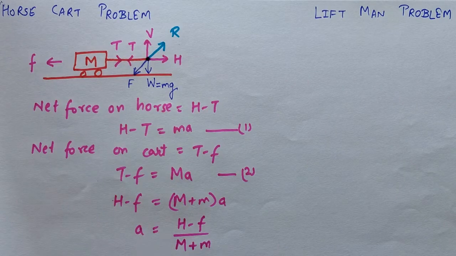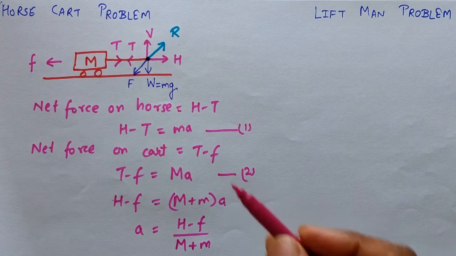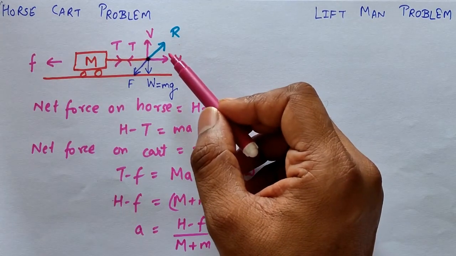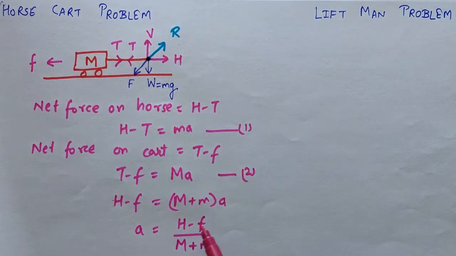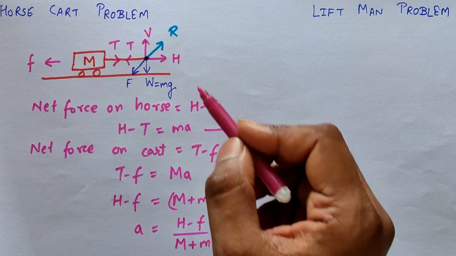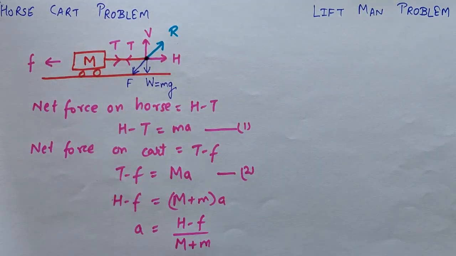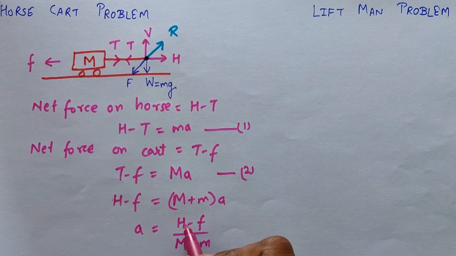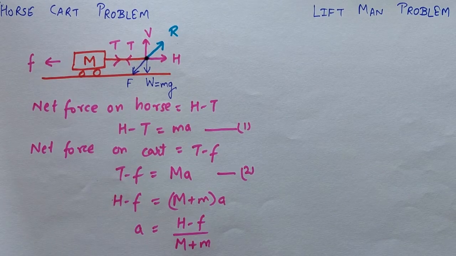So this is the acceleration produced by the horse when he is applying force, and this is also the acceleration by which the cart is moving in the direction of the force applied. The whole system will work only if H is greater than f. When H is greater than f, then A will be positive, and hence they will move forward. So the system will move only if H is greater than f, or there will be acceleration only if H is greater than f.